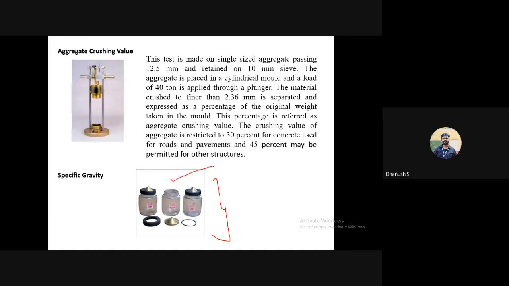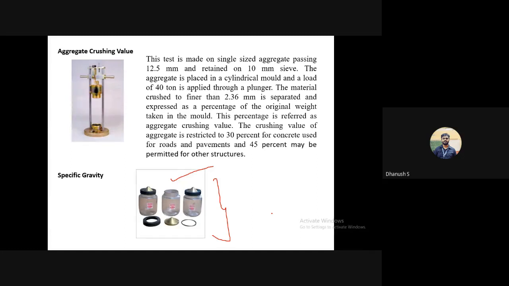So we use a pycnometer for sand, a density bottle for cement, and when we come to coarse aggregate, we do something completely different. We'll teach you when you come to the lab here, because it's difficult to explain with the help of a PPT. We use Archimedes principle. When you're standing on land, you feel heavier than when you are inside water, correct?